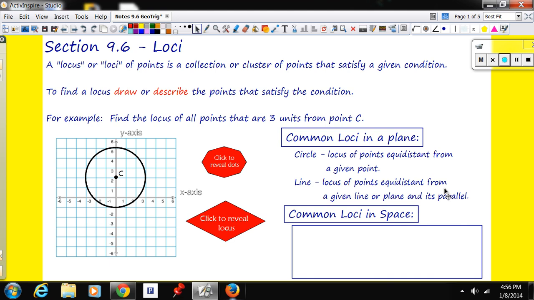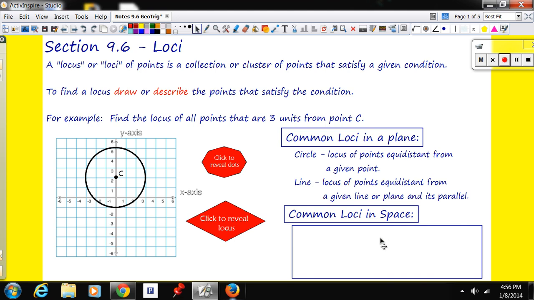So you might have a circle, or you might have a line. You could also have an arc, which would be part of a circle. So it might be all points that are 3 units away in a given arc. Those would be common loci in a plane.